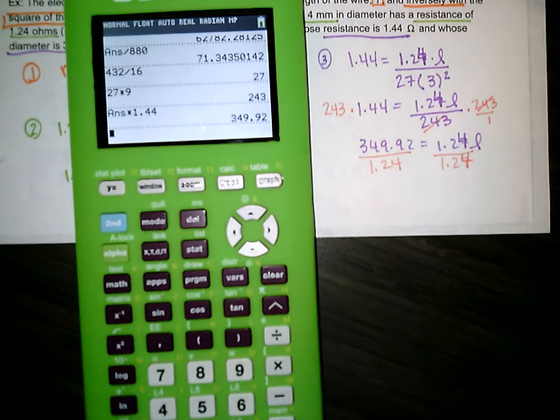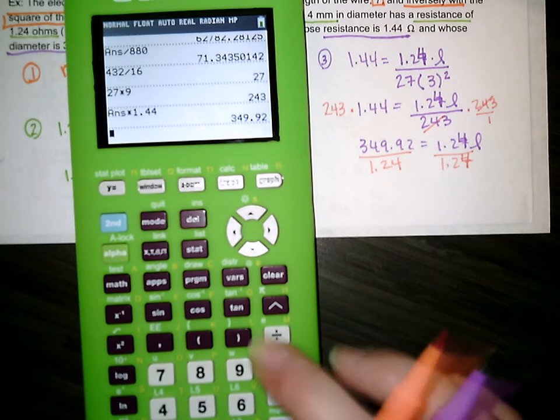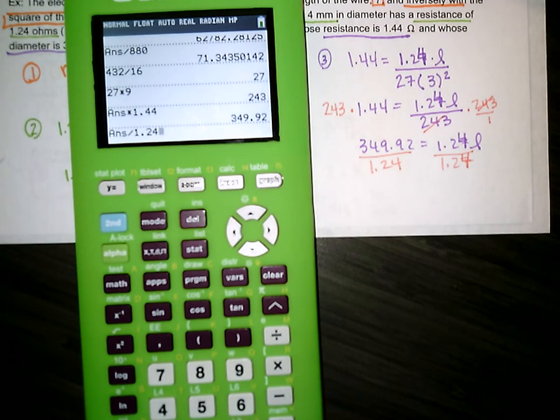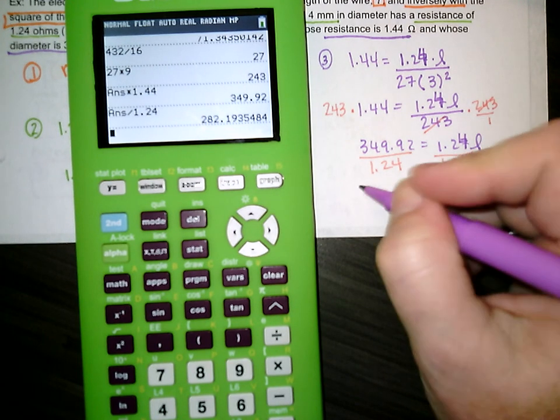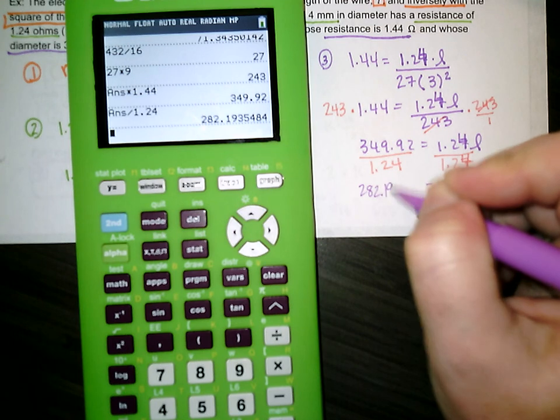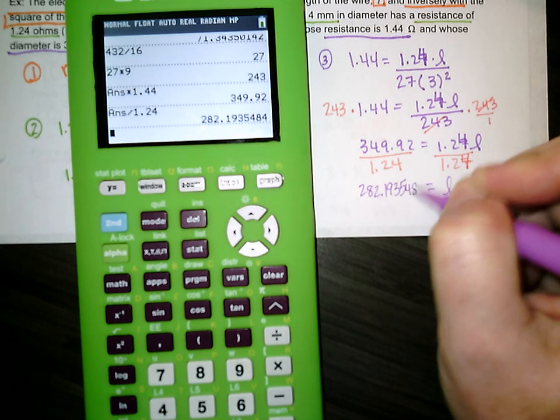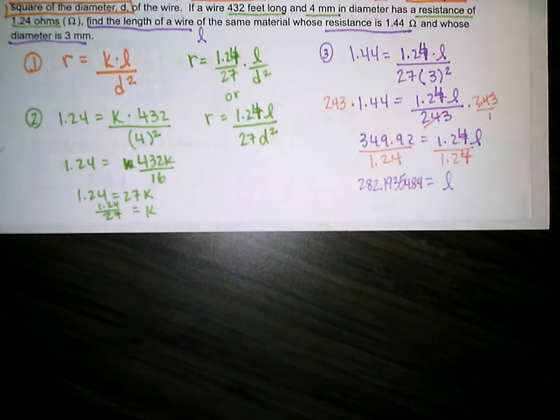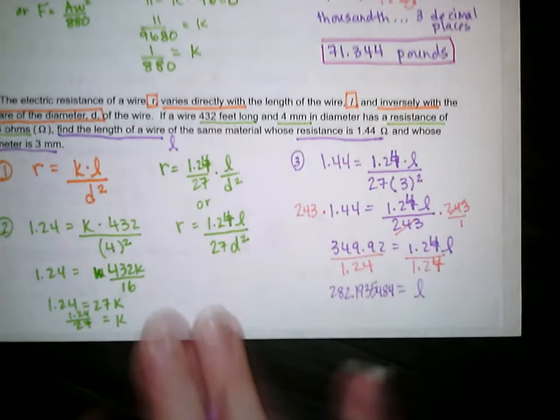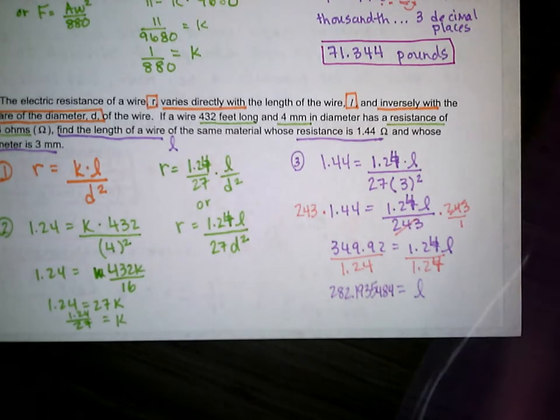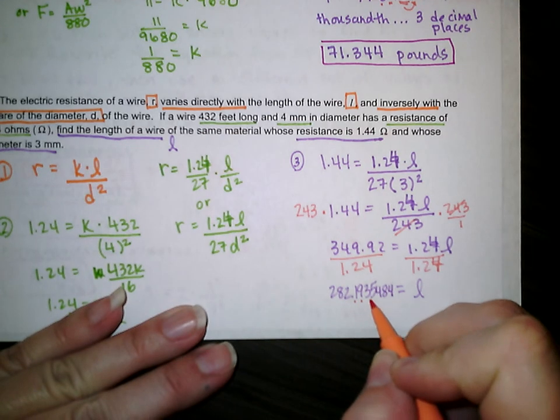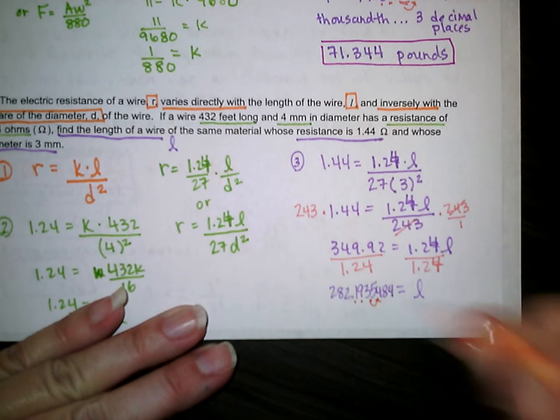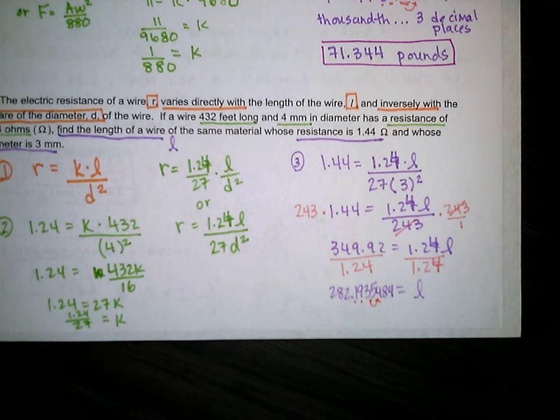Okay. So 349.92 divided by 1.24. So L would be 282.1935484. We'll just go with that same rounding that we had in the previous problem. So we'll go to the thousandths, which is 3 decimal places. So we go tenths, hundredths, thousandths. Look to the right. That is fewer than 5, so we do not round the 3 up.